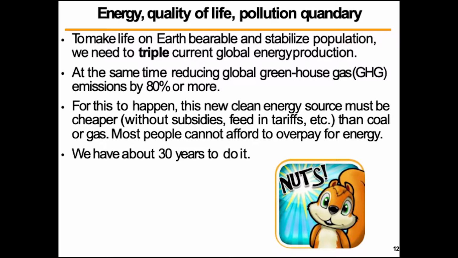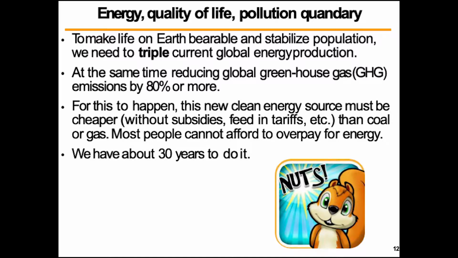Now, at the same time, we know that we need to reduce our greenhouse gas emissions by 80% or more, while we need to grow energy production by a factor, let's say, 3 to 5 to make life on Earth bearable and stabilize population, because population stabilizes when people are wealthy.